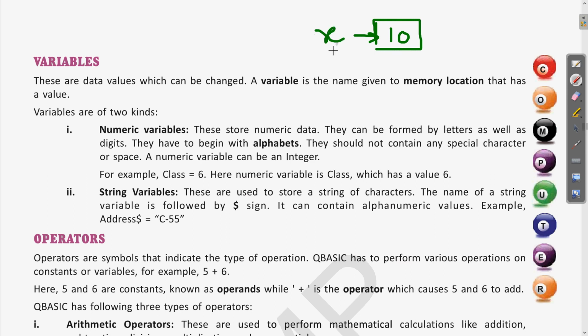So this x will be a variable and 10 will be a constant, clear. The variable is the name of a memory location, and the fixed value saved in the memory location is the constant. I hope it is clear now what is constant and what is variable.